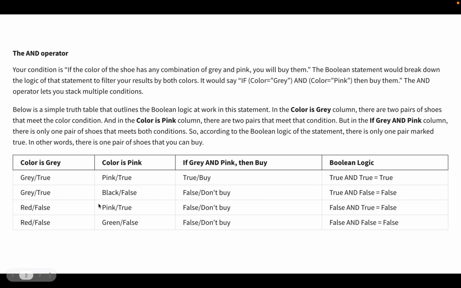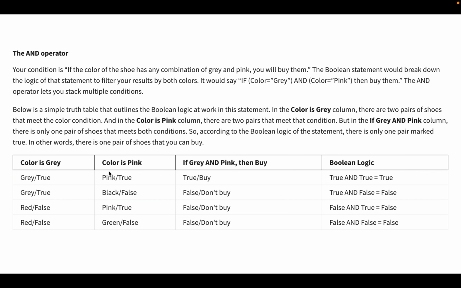Alright, let's look at this spreadsheet. Let's look from up to down. It's easier to understand. For example, if color is gray, we'll write gray true, red false, right? It means gray is true and red is false.